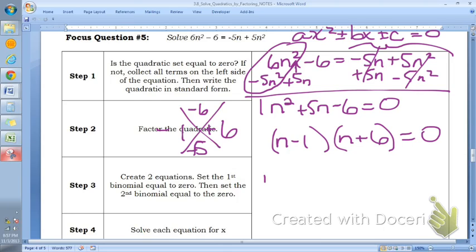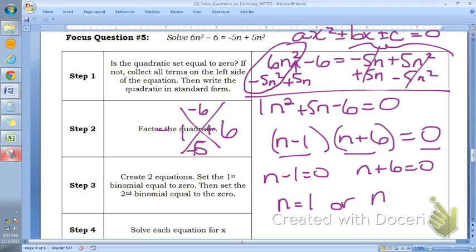Set each factor to 0, n minus 1 is equal to 0, because what we're saying is if two numbers multiply to equal 0, then one of them has to be equal to 0. n plus 6 is equal to 0. So our solution could be n is equal to positive 1, or n could be equal to negative 6.